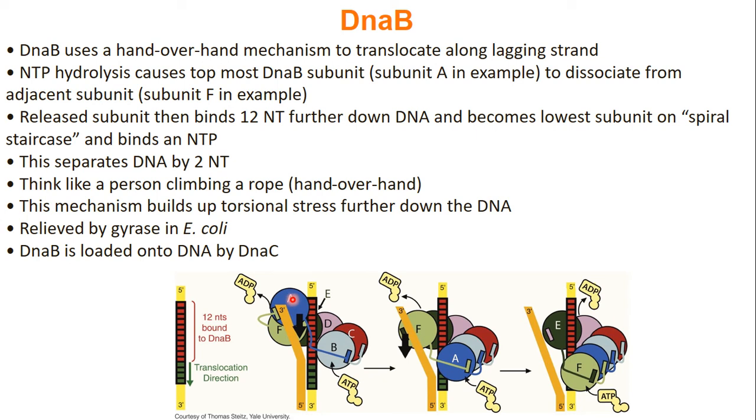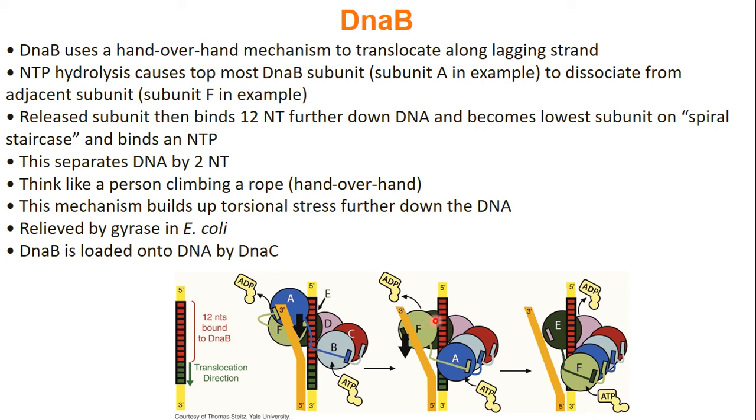And when it does that, it's going to move 12 nucleotides further down the chain, and it's now going to be more closely associated with B. When A moves down the chain, the DNA unwinds by 2 nucleotides, and so the process is going to continue. F is going to hydrolyze an NTP.